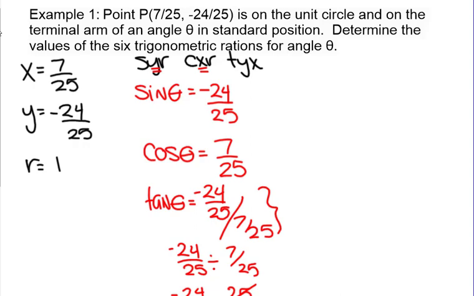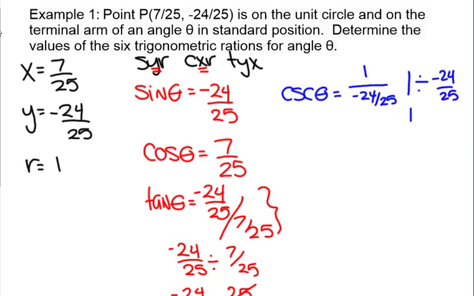So cosecant, let's start there, because cosecant goes with sine. Cosecant is the reciprocal of our sine. So 1 over negative 24 over 25, which, before you freak out about the fractions, is the same as 1 divided by negative 24 over 25, which is the same as 1 over 1 times negative 25 over 24.